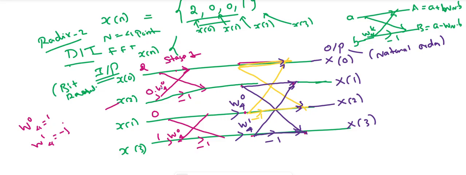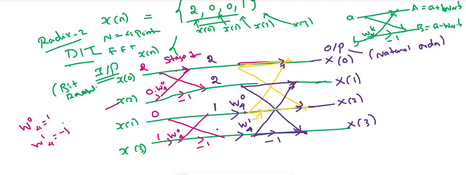For the given input, the first stage computation: 2 plus 0 is 2, 2 minus 0 is 2, 0 plus 1 is 1, 0 minus 1 is minus 1.